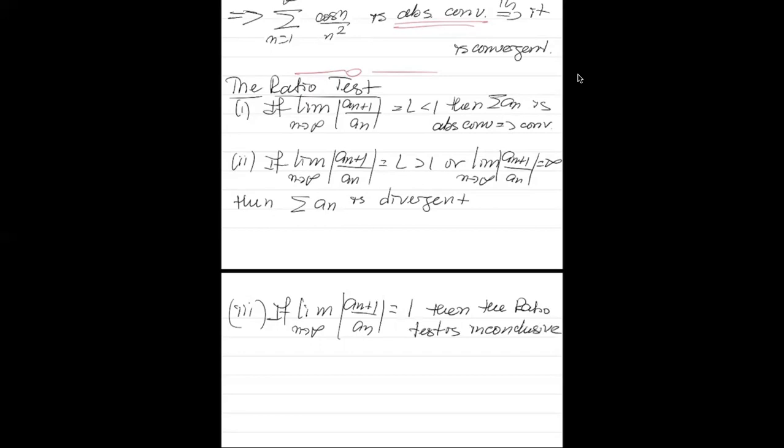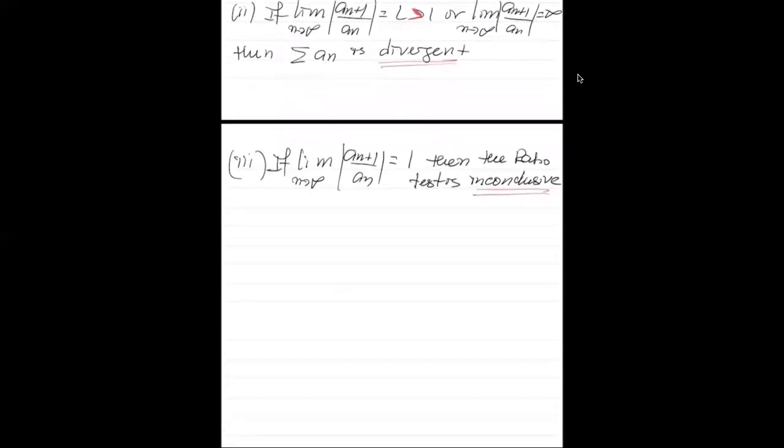That means we can't tell whether it's divergent or not. So we have these 3 situations: less than 1, we have absolute convergence, therefore convergent. If that limit is greater than 1, then we have divergent. If it's equal to 1, then we don't know. We have to use a different test.